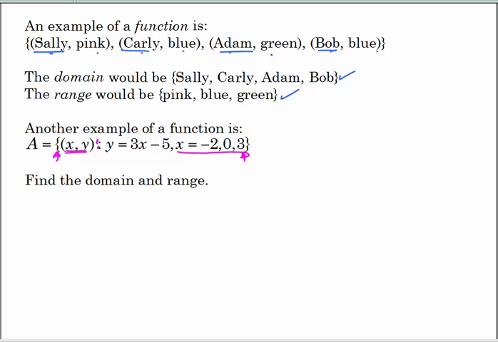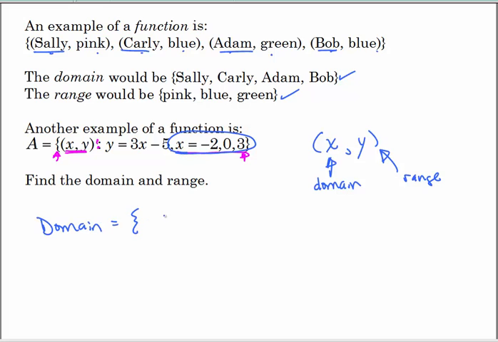And they ask us to find the domain and the range. Well, if you have a set of ordered pairs, in algebra, usually we have x and then y, that is the order. So the x's would be the domain and the set of y's would be the range. So notice they've told us what x is. So the domain is the set of the x values, listed in no particular order.